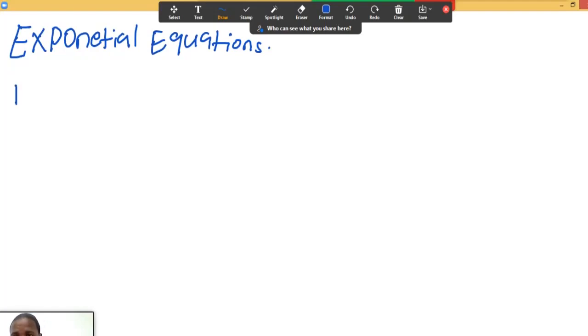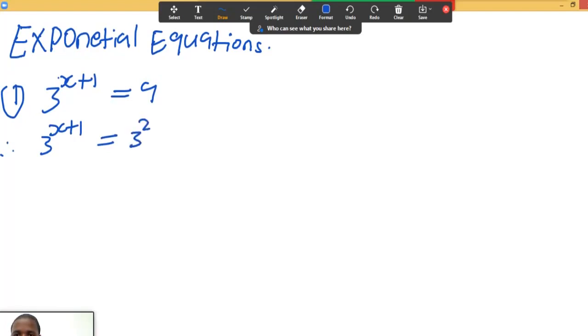In this case, this is our example 1. We have 3 to the power x plus 1 is equal to 9. Then we want to solve for x. We can easily change our 9 to be 3 squared.